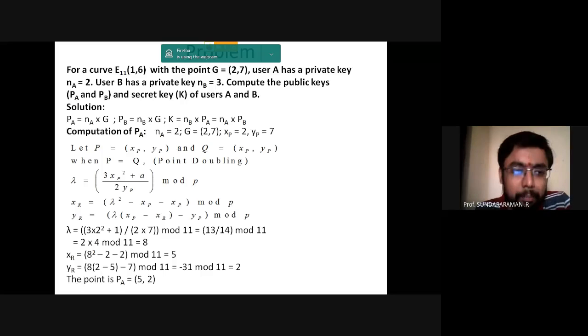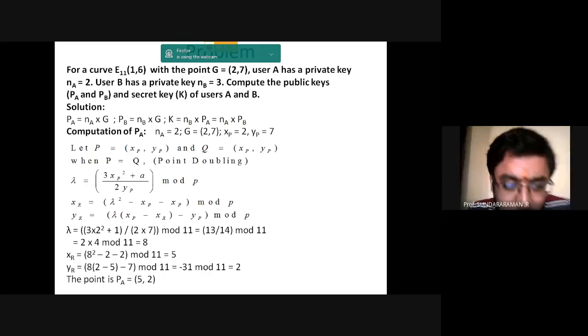We have to apply the computed lambda for computation of XR and YR. XR equal to 8 square minus 4, that is 64 minus 4, equal to 60 mod 11. 60 mod 11 is equal to 5. And when you compute YR, it will be lambda into (xp minus XR) minus YP.